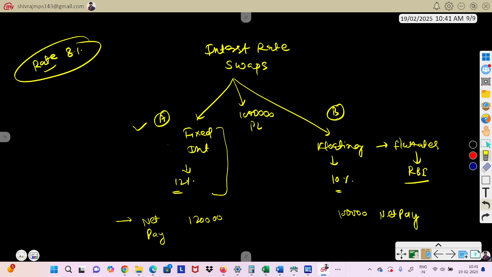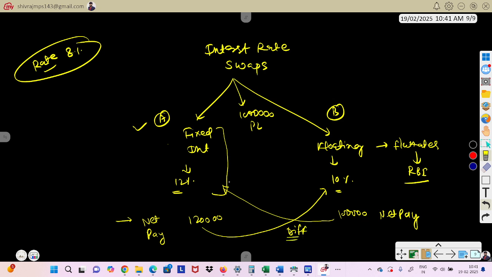So this B will pay 1 lakh to you, and you need to pay 1 lakh 20,000 to B. Why? Because you both have signed an interest rate exchange derivative swap contract. Am I right? So every year they exchange the difference amount.